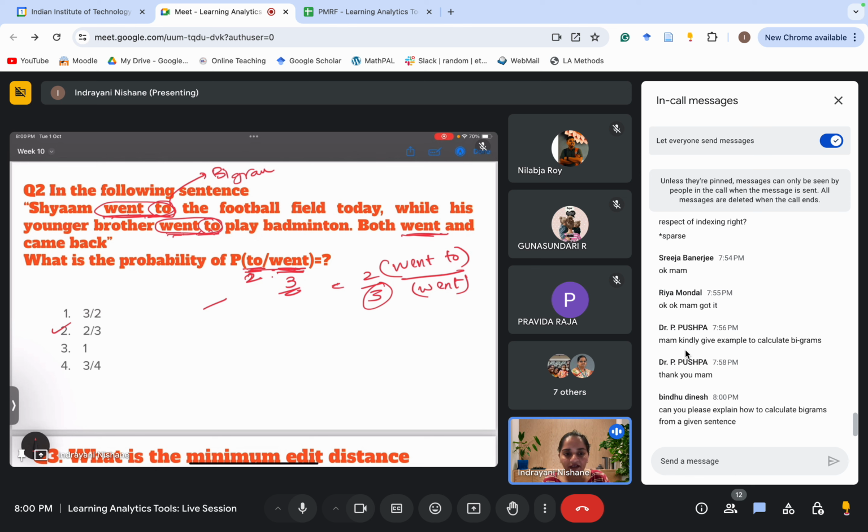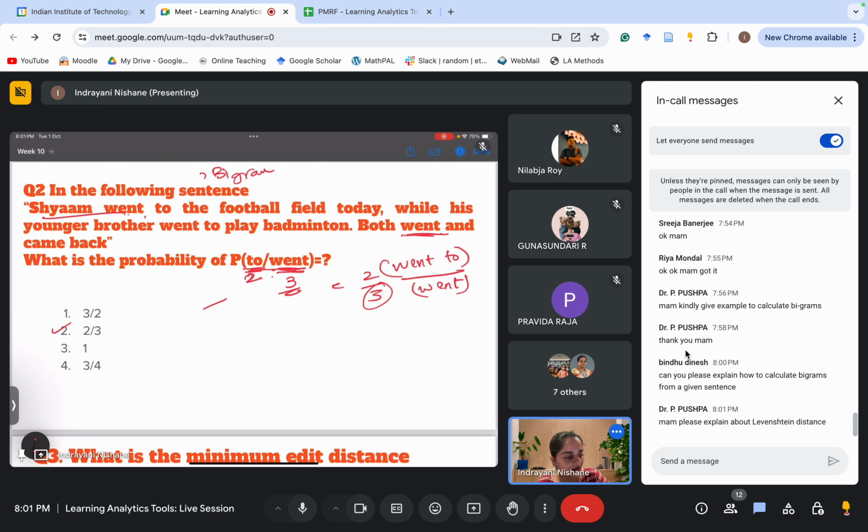So this is what I did, Binduji. From these sentences, we will see how many times two words together have occurred. So "Sham went", has it occurred any more number of times? No. So this bigram, "Sham went", has occurred only once.